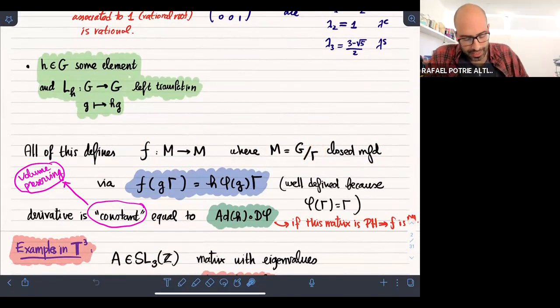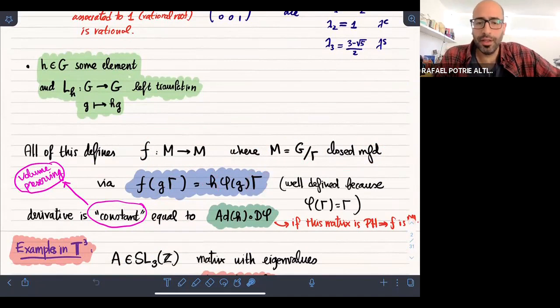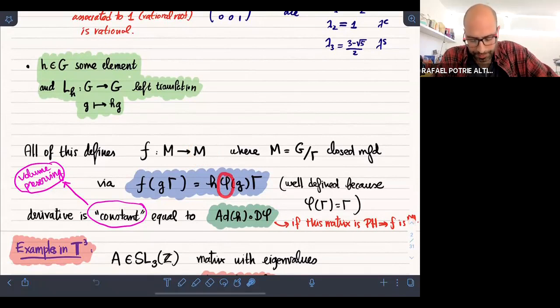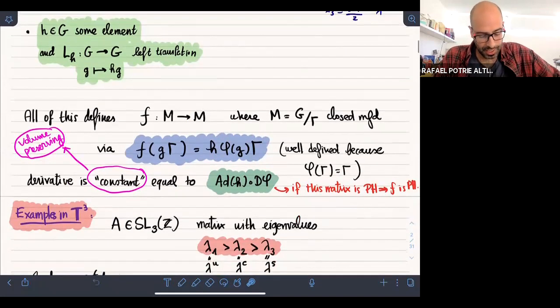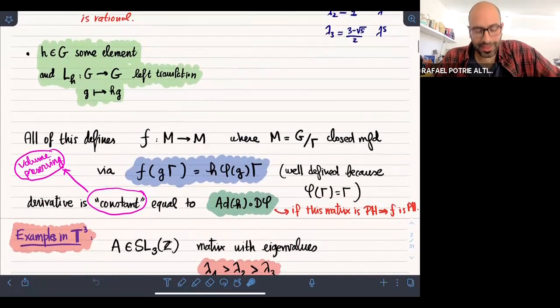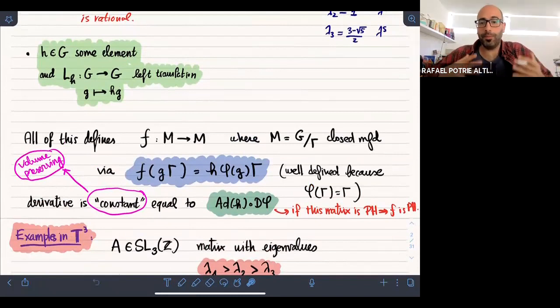And so now I can act on the left. And so the map F is F of xi gamma is H of phi of xi gamma. Since phi preserves gamma, this is well defined and gives you a diffeomorphism F. You can compute the inverse, because phi has an inverse which also preserves this, and H, the left translation, also has an inverse.